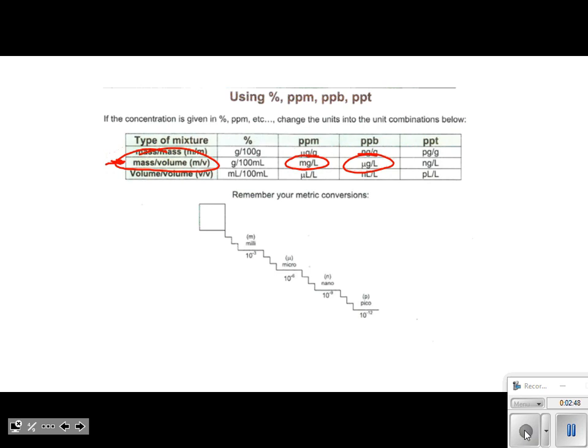And I've even given you the stair steps here. So here is the base, whether it's liters or grams. Then we have milli right there, micro, nano, pico. And how many jumps? And obviously, when we're jumping that way, we're jumping to the right, correct? So that's just some metric system conversion review, okay?